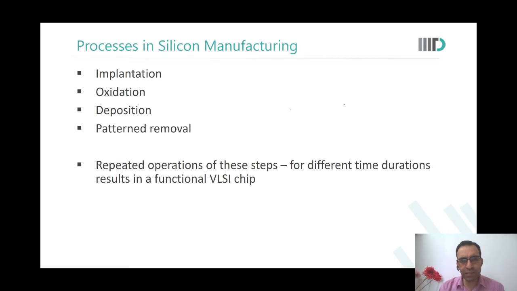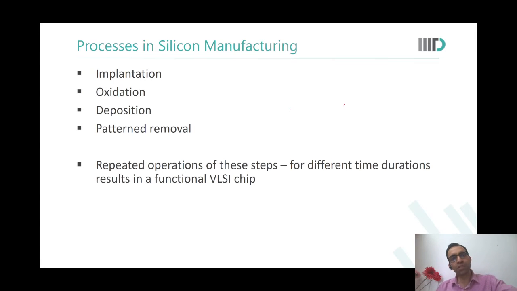You just repeat these over and over again, and you're finally able to build your silicon die. Consider it like this. If I have to make a 20-storied building, what do I need to do? Let us assume that we have come to the ground level now. I need to make pillars. I need to make the walls. I need to make the roof. For the next level, I again need to grow the pillars more.